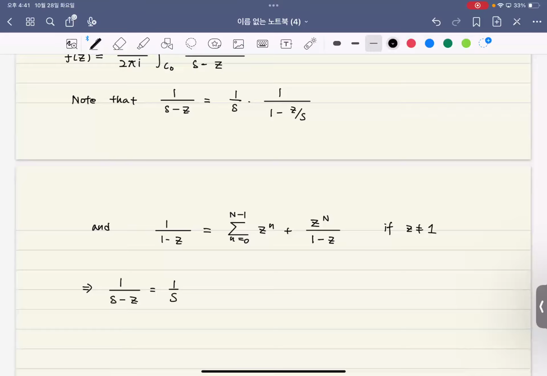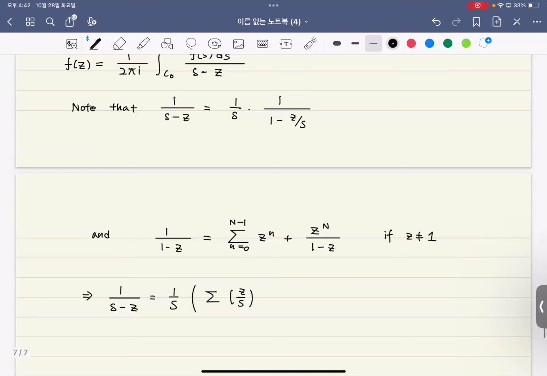So 1 over s carries over, but this summation, from n equals 0 to n minus 1 of (z over s)^n, plus (z over s) to the nth power times 1 over 1 minus z over s.